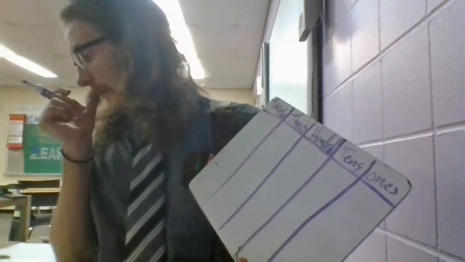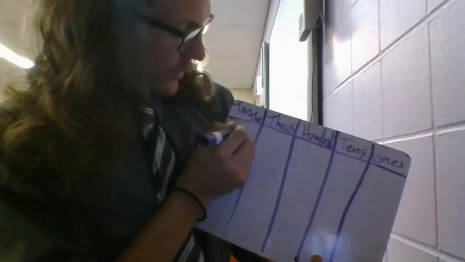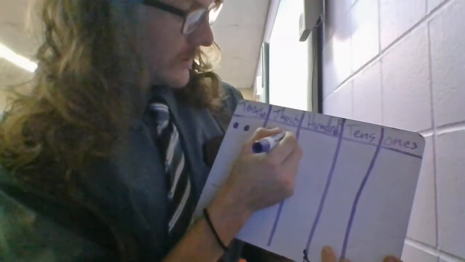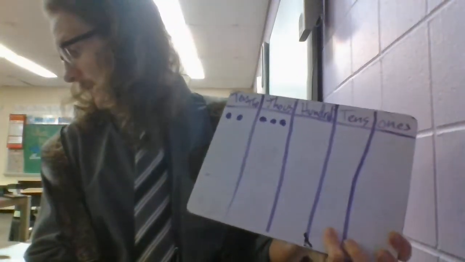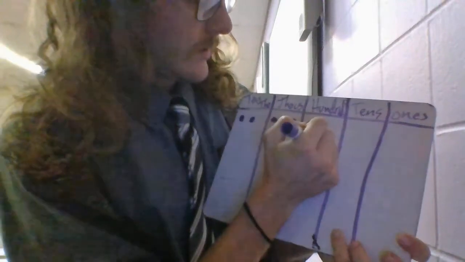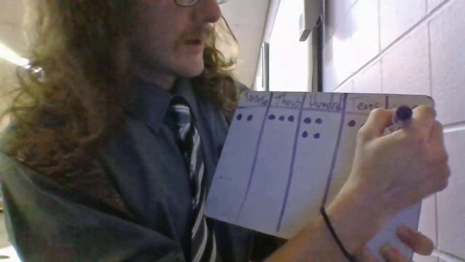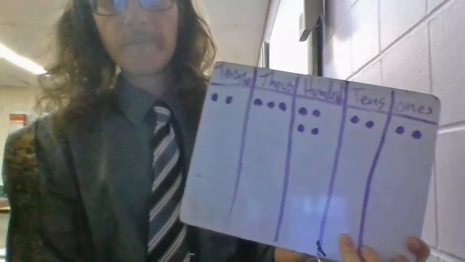Good. Now in the top one, we're going to make 2 10,000s, 3 thousands for 23,000, 400, 22.